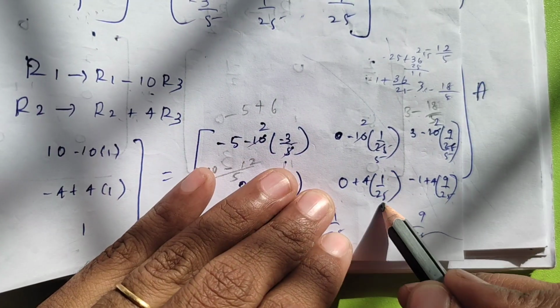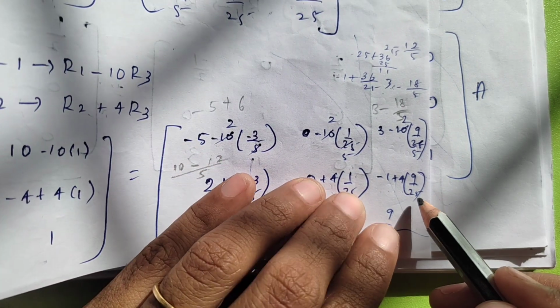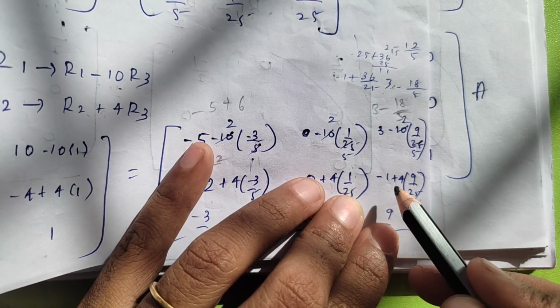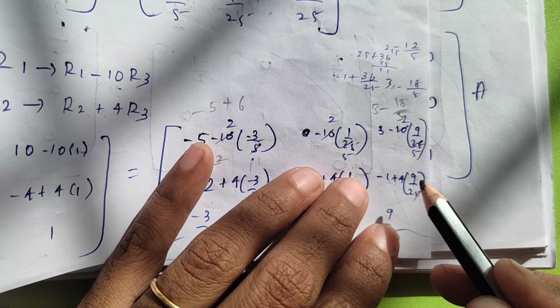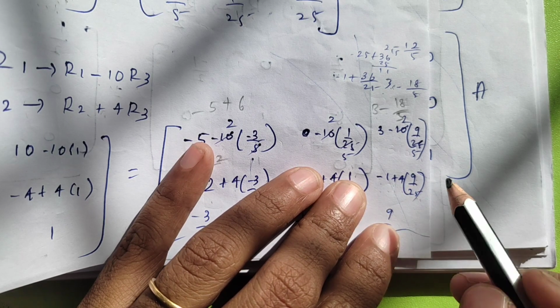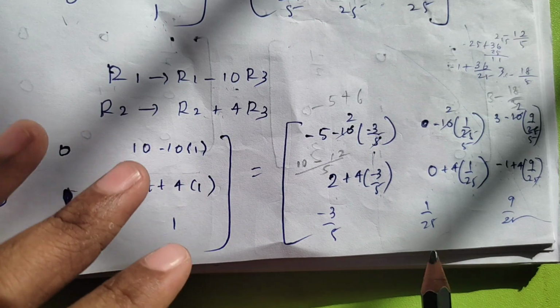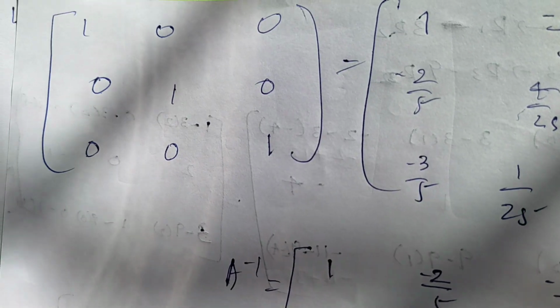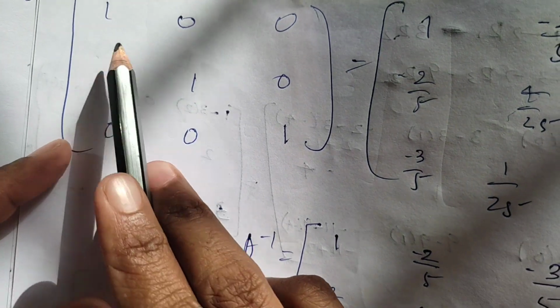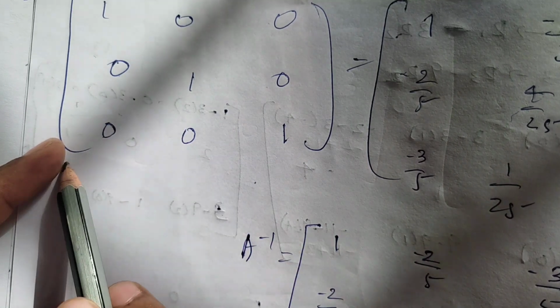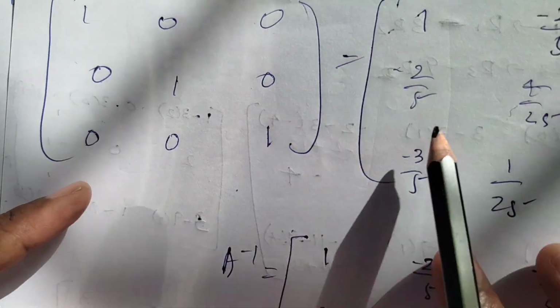Again 4 by 25. This side minus 25 plus 36 will be 11 by 25. Therefore, LHS is 1 0 0, 0 1 0, 0 0 1. Identity matrix, we got it.